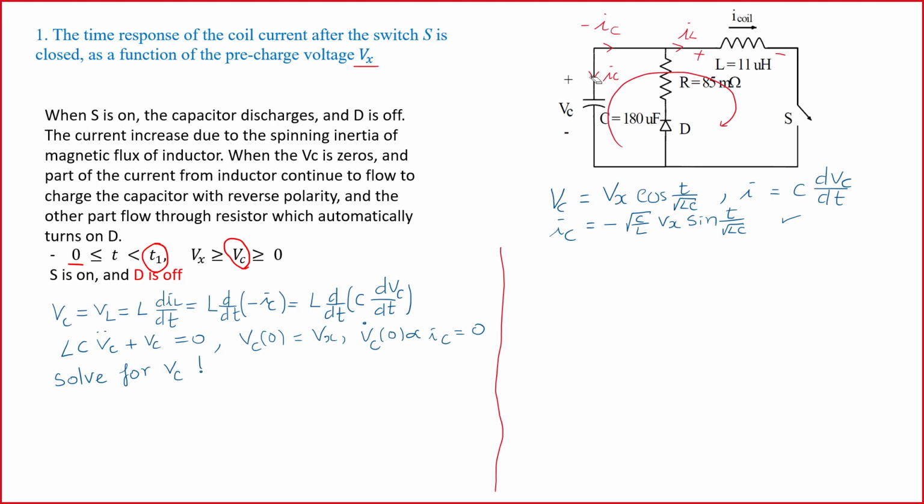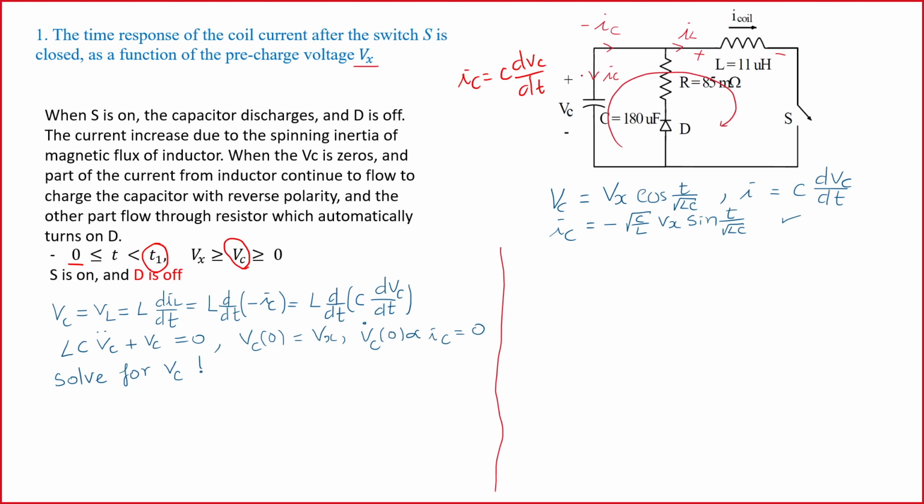Actually, when you use the formulation IC equals C dVC over dt, you suppose the capacitor as an element, not a source.